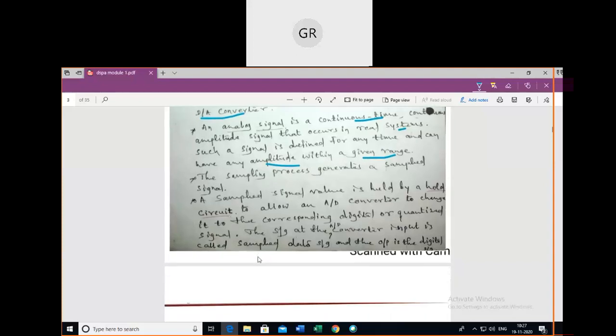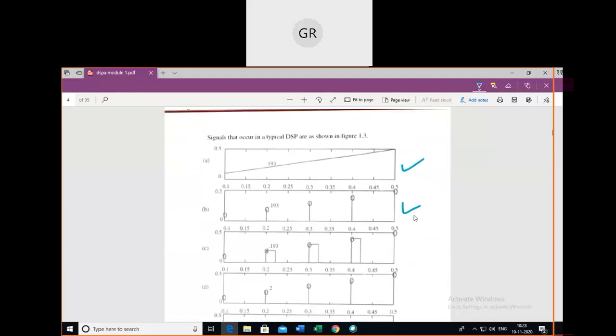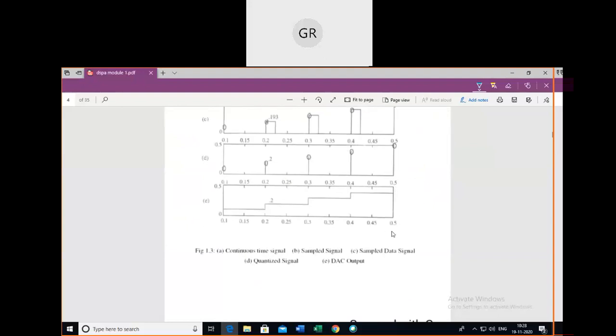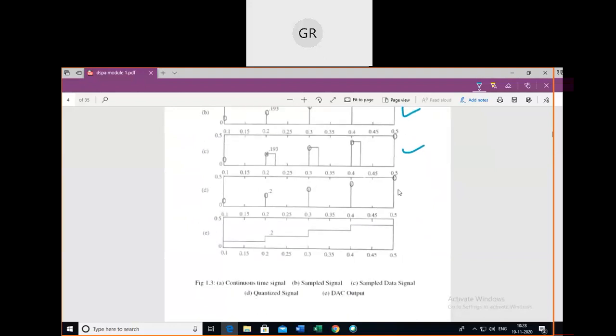Here, the input signal for the analog to digital converter is the sampled data signal, and the output is a digital signal. This is the continuous signal, and this is the output of the analog to digital converter, the quantized signal.